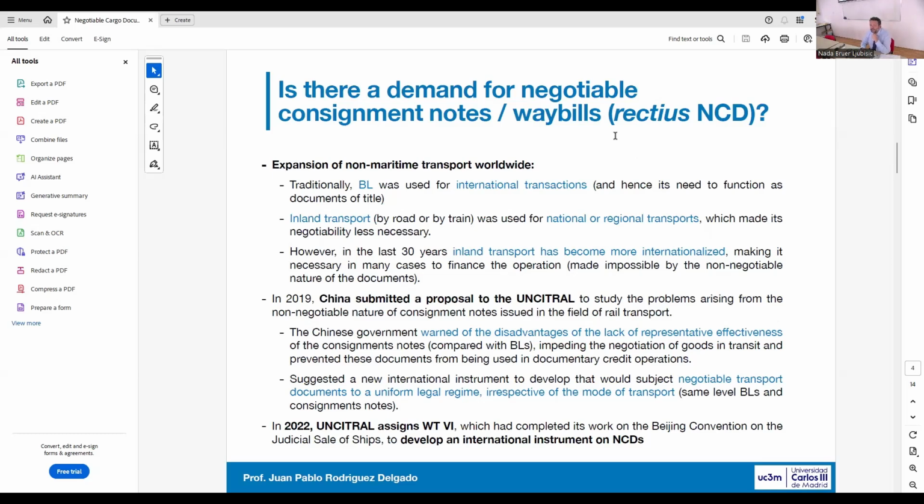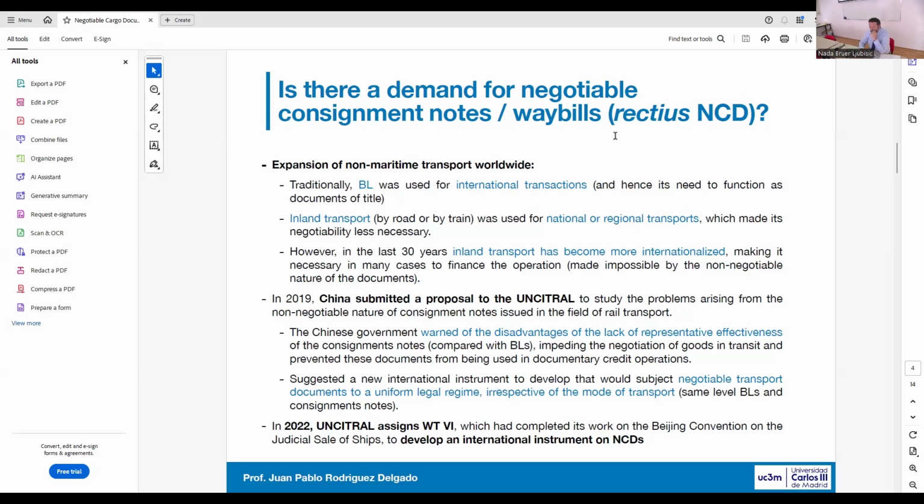When I say negotiable consignment notes, the UNCITRAL working group used the expression negotiable cargo document. So when I say negotiable cargo document, I'm referring to a negotiable CMR consignment note, air waybill, CIM consignment notes, etc. Is there a demand for that kind of document? And probably yes.